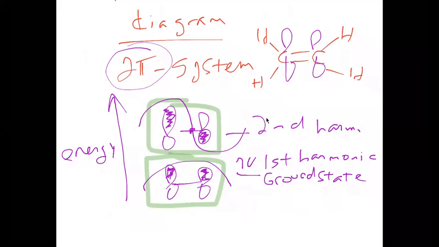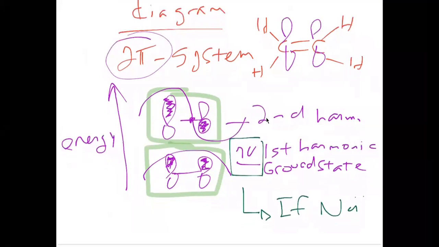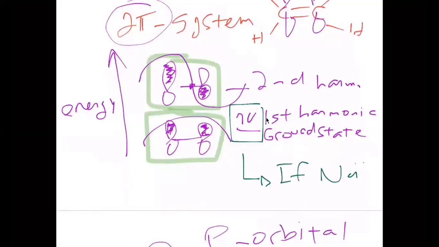I'll write that down here. If it's a nucleophile, this is the orbital that is going to react through where those electrons are. And then if it's acting as an electrophile, then it's going to react through the empty orbital, because nucleophiles donate electrons and electrophiles accept electrons.